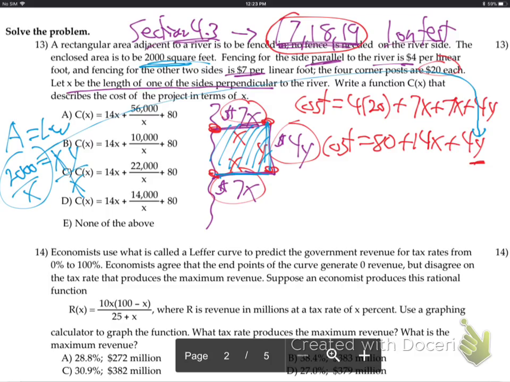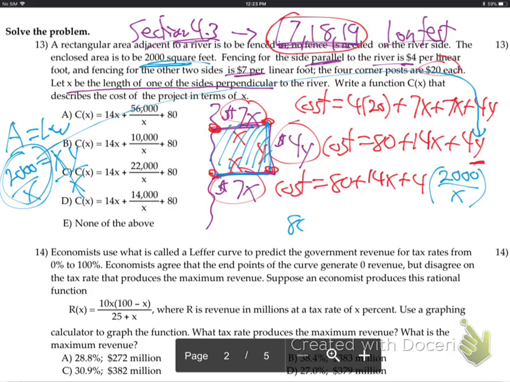So what do we get? The cost function is 80 plus 14x plus 4, and then plug in 2,000 over x, because that's what y is. So what is that? 80 plus 14x, and 4 over 1, so that makes 8,000 over x.